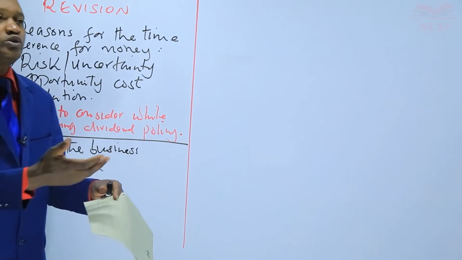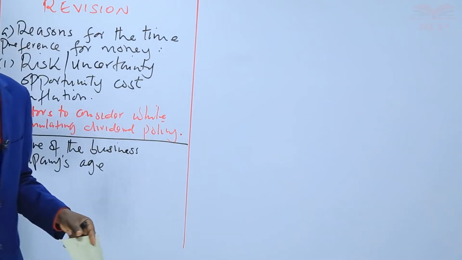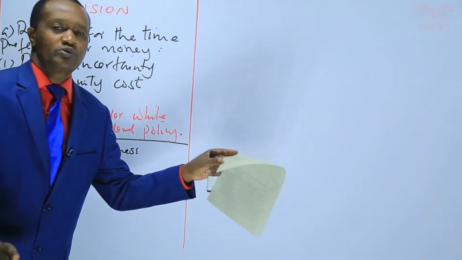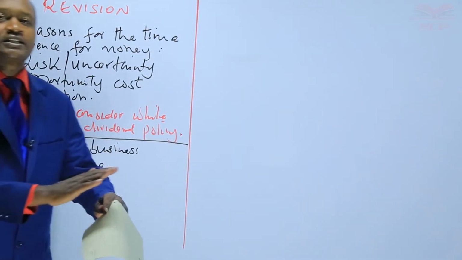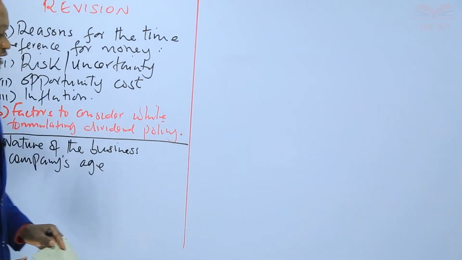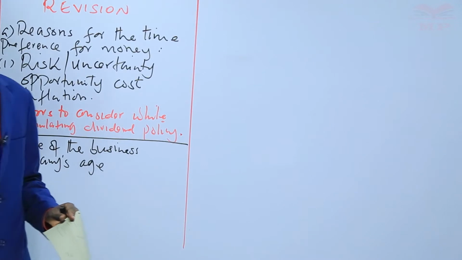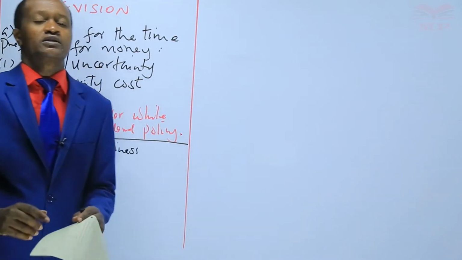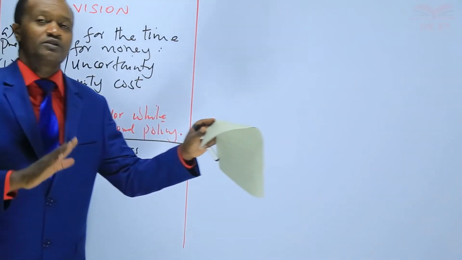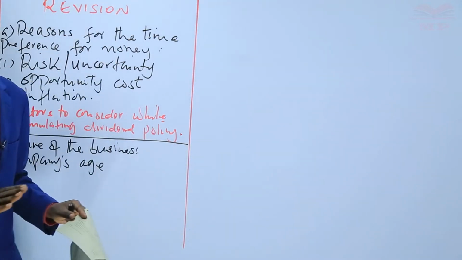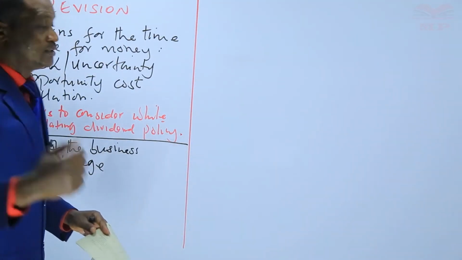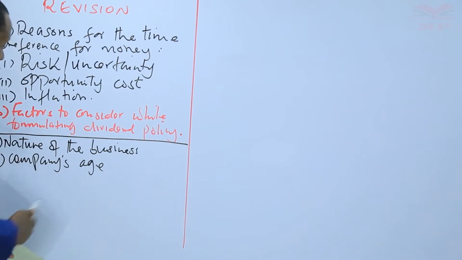It has a good track record. It has reputation. It is stable. But a new company may not be stable. A new company may not even get loans from financiers. But a company that has been in business for a long time can easily get finances from other sources. So, company's age.